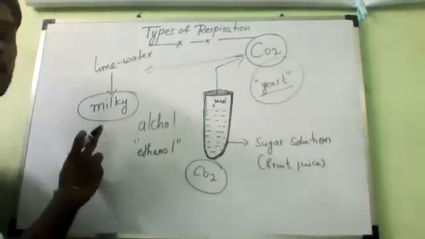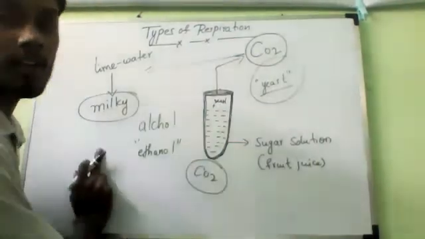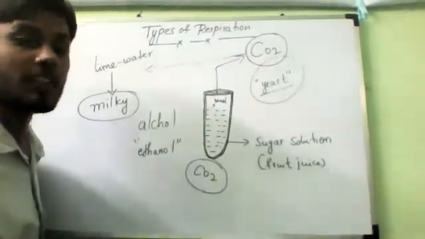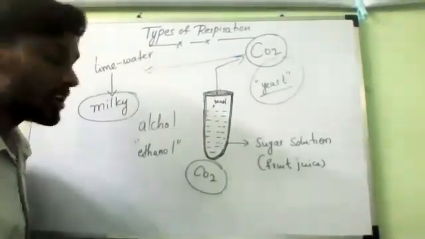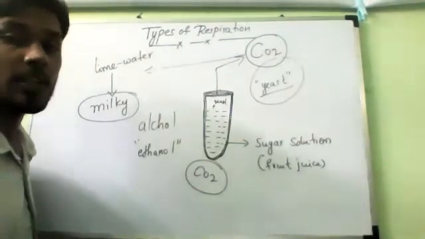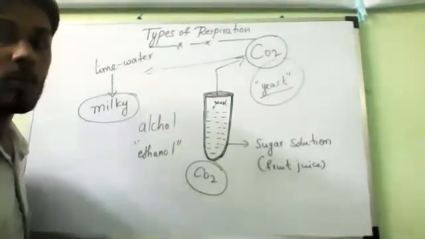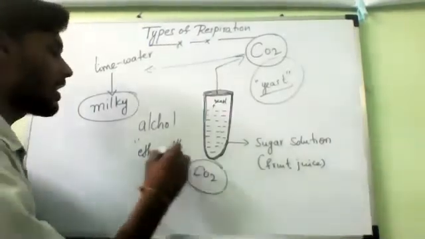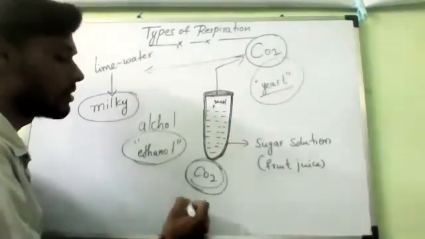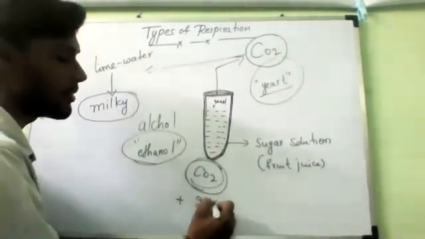If it turns milky, it shows that carbon dioxide gas is evolving in this reaction. So these experiments tell us that the products of fermentation of sugar by yeast are ethanol and carbon dioxide, and energy is also formed. How much energy?